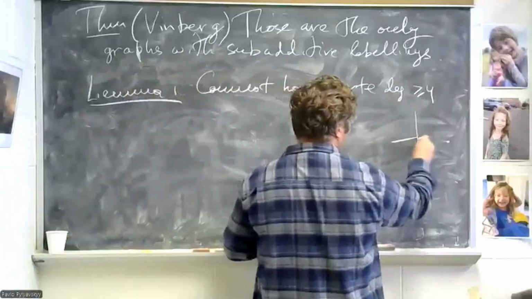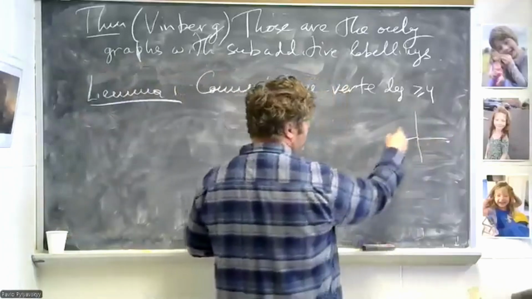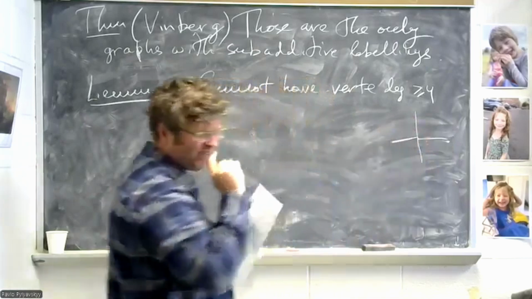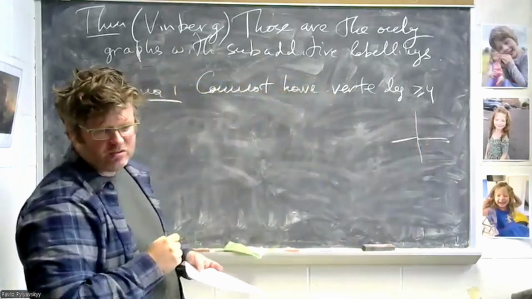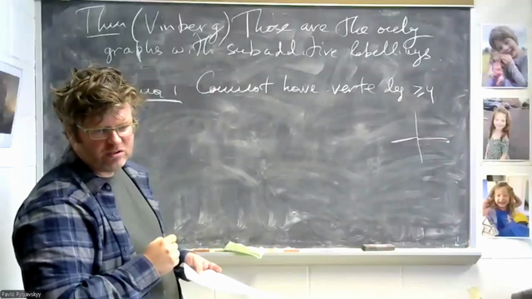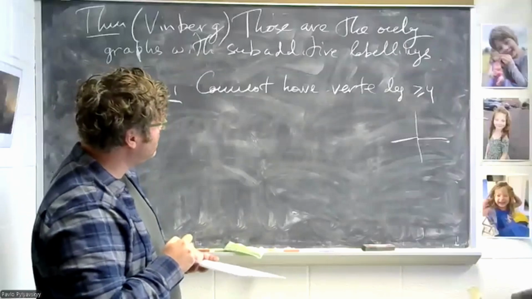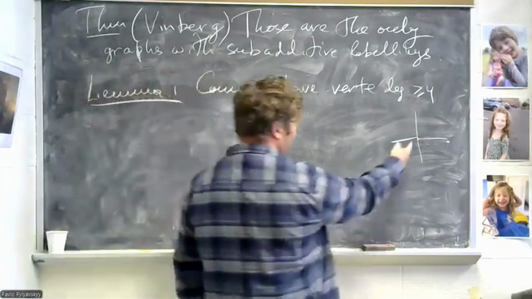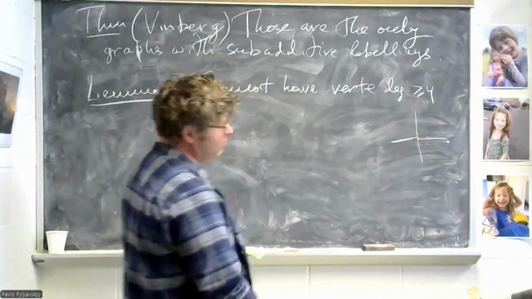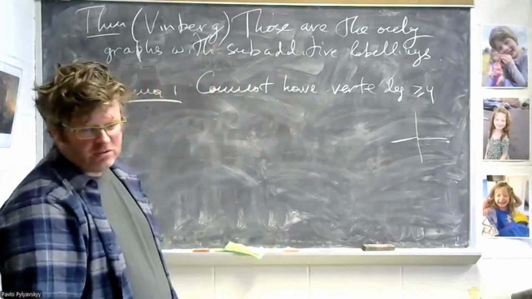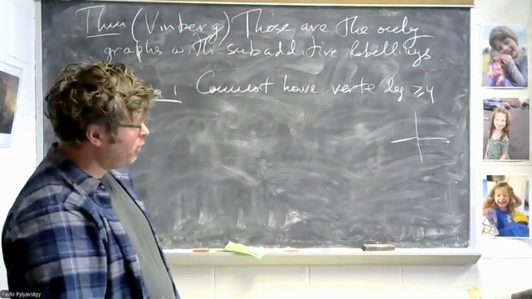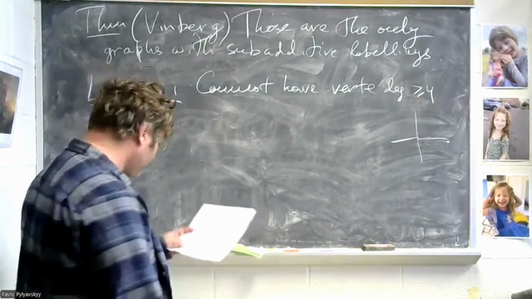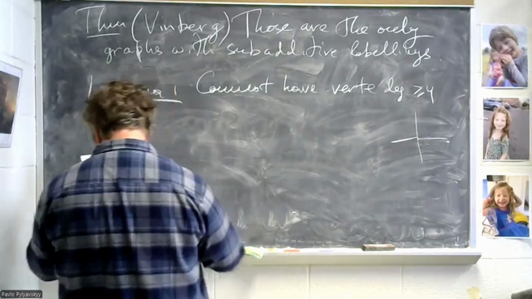If you have something like this, you write inequalities here, here, here, here, and this contradicts the inequalities there. So it's not hard to prove that if a graph has a subadditive labeling, it cannot have a vertex of degree 4 or more. Does it make sense, or do you want me to show it again? No, that's fine. Okay. That's lemma 1. Lemma 2.